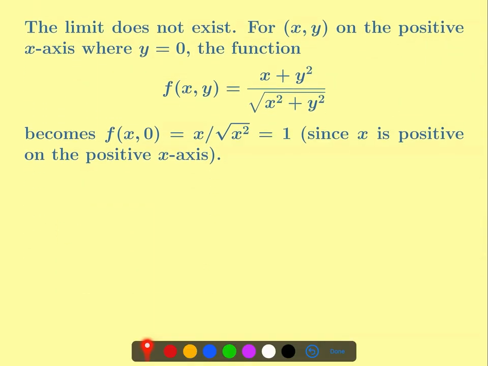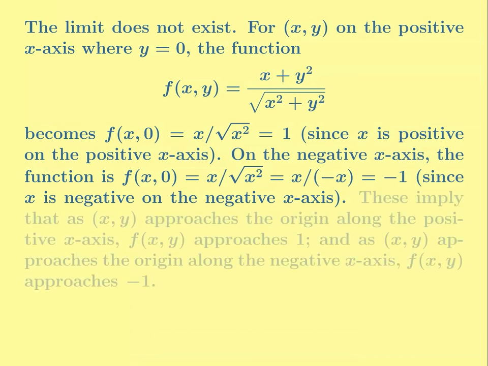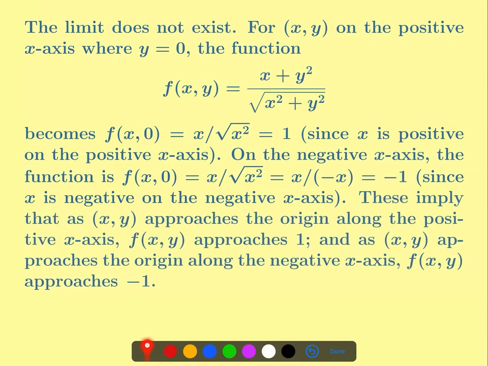Then I'm just going to go ahead and look at what happens when we're on the negative x-axis. Again, y is 0, but now this is negative x. So I get x over negative x, and I get negative 1. So we have negative 1 on the negative x-axis. We have 1 on the positive x-axis. And so you can see the limit is 1 from one direction and negative 1 from the other. So as xy approaches the origin along the positive x-axis, where x is greater than 0, f of xy is just going to approach 1 because f is 1 there.